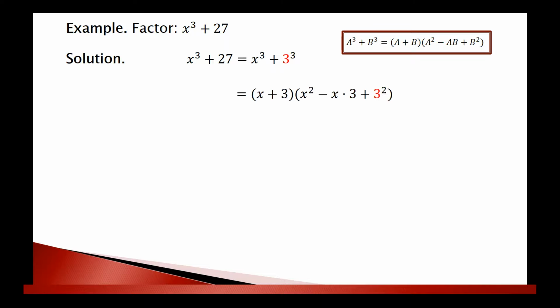So we can write this as (x plus 3) times (x squared minus x times 3 plus 3 squared), just like (a plus b) times (a squared minus ab plus b squared), where a is x and b is 3. If we simplify, this equals (x plus 3) times (x squared minus 3x plus 9). And these are the factors of x cubed plus 27.